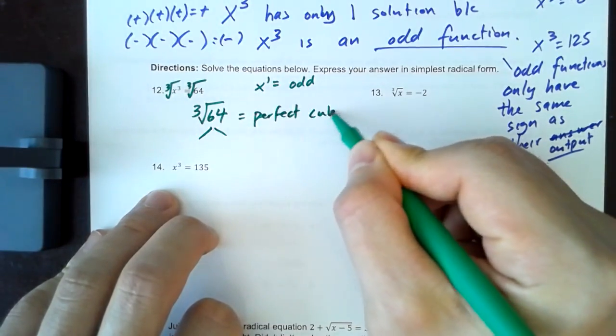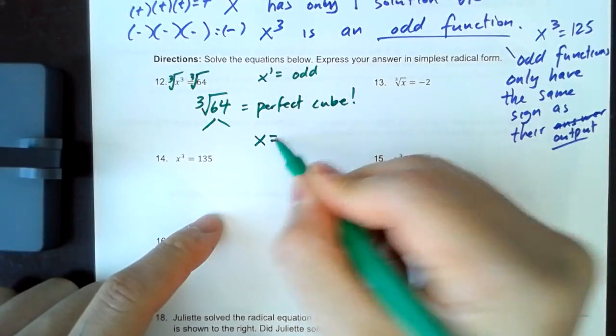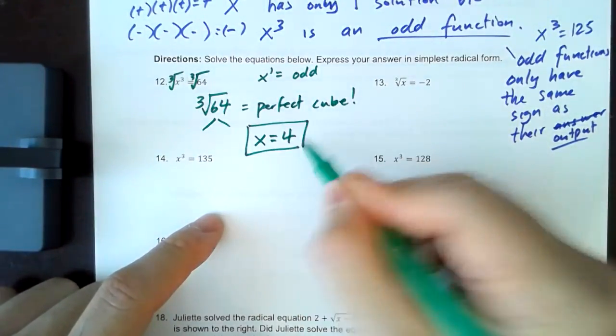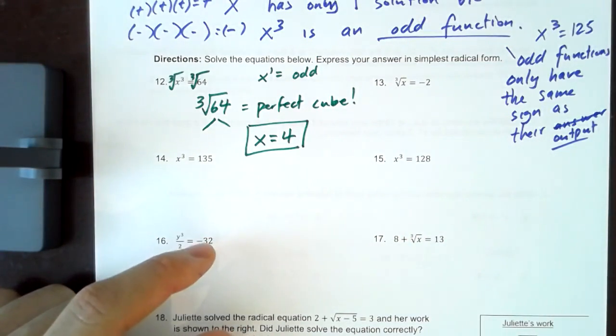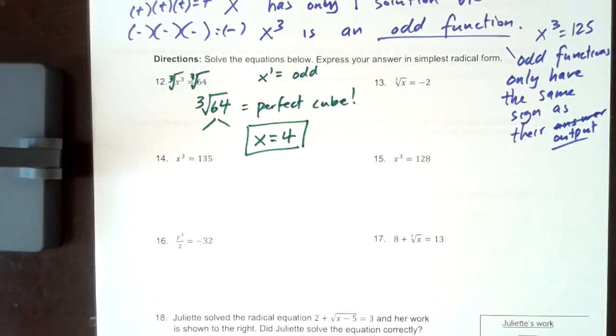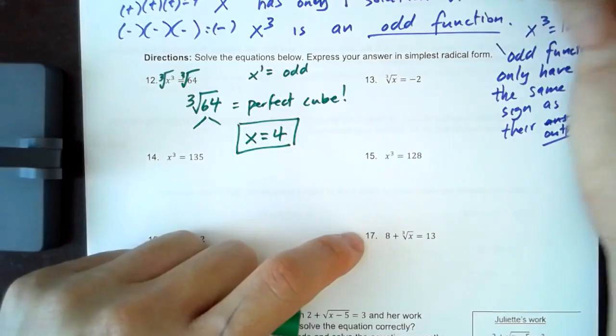Sometimes I even lose track of that. And the cube root of 64 is just 4. You don't have to write negative 4, and you do not want to write negative 4 because negative 4 would not be correct. Okay.